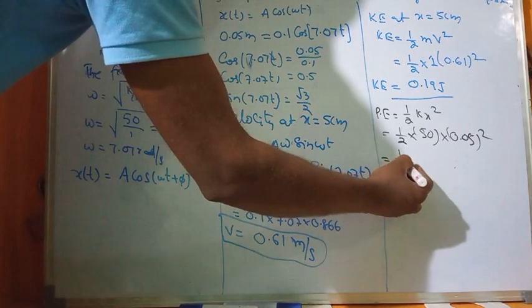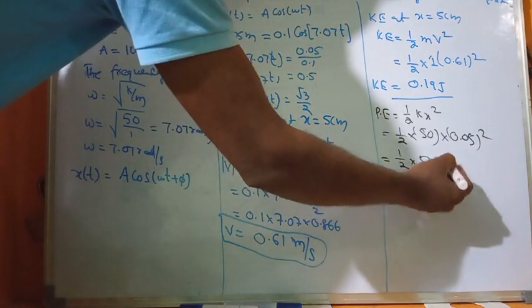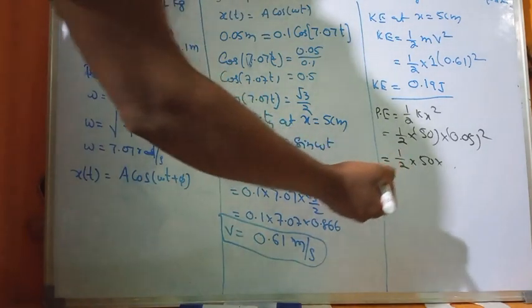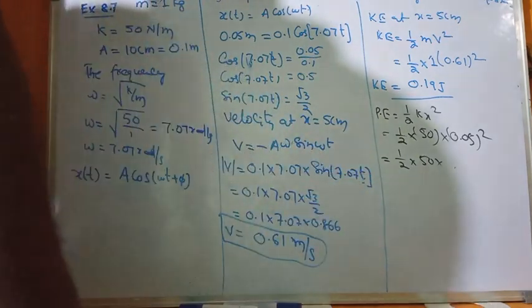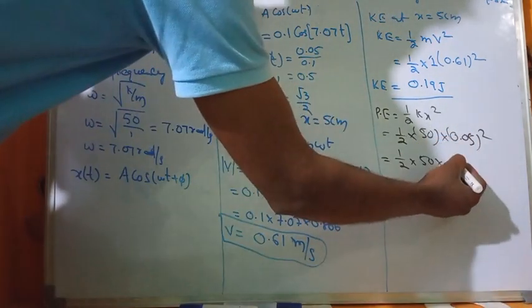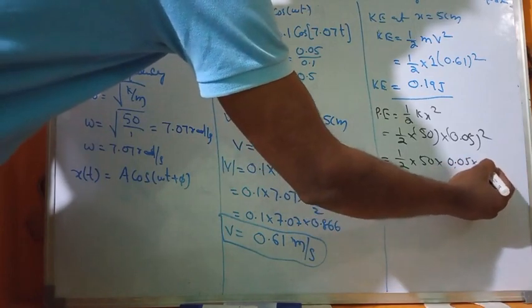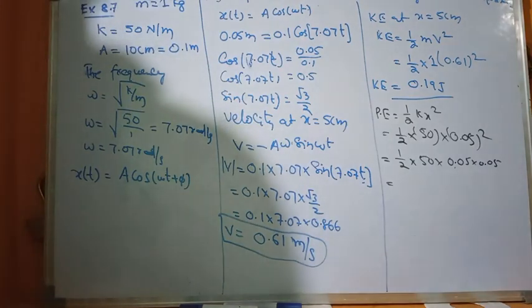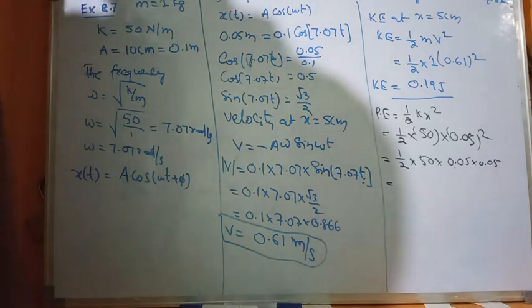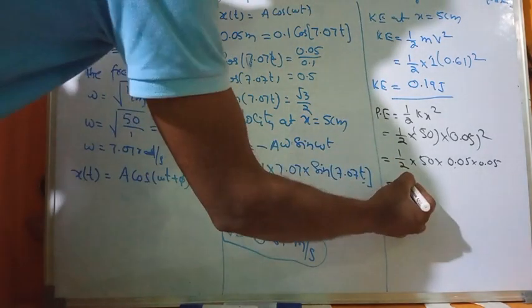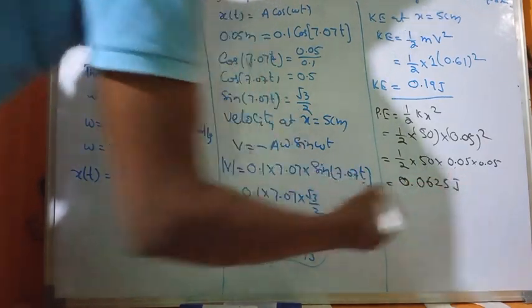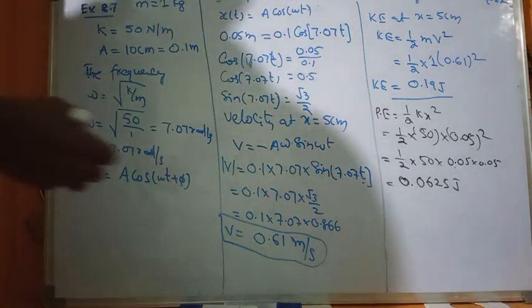So half into 50 into 0.05 into 0.05, and after multiplication we got 0.0625 joules. This is the potential energy.